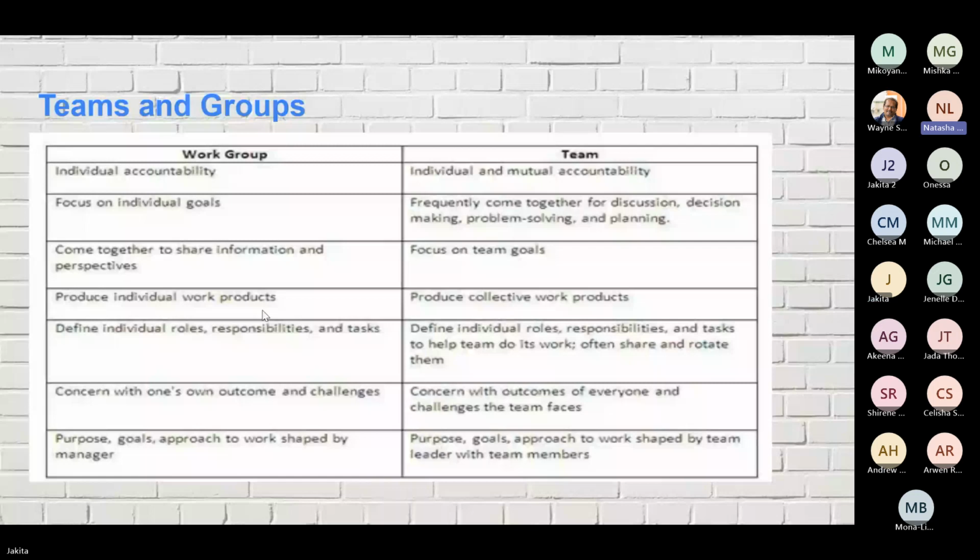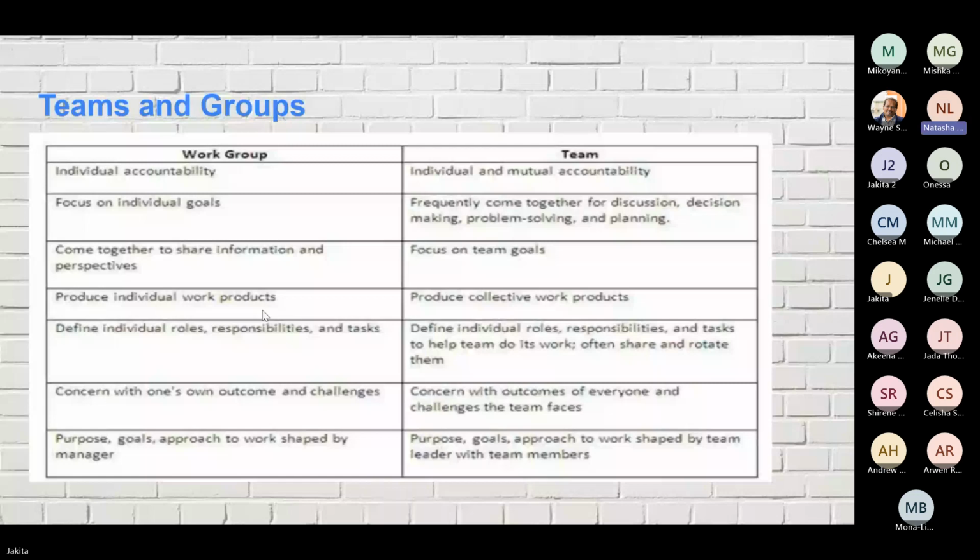A team frequently comes together for discussion, decision-making, problem solving, and planning. A work group comes together to share information and perspectives, while a team focuses on team goals. Work groups produce individual work products, while a team produces collective work products. Work groups define individual roles, responsibilities, and tasks, and the team has defined individual roles, responsibilities, and tasks to help the team do its work, often sharing and rotating them.